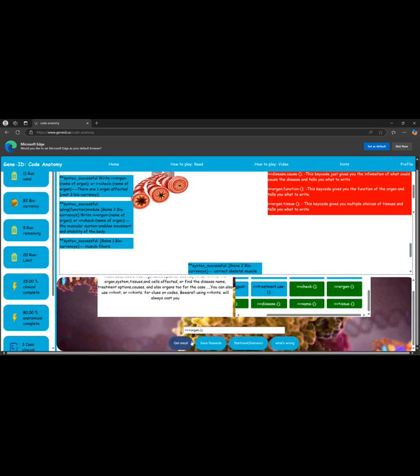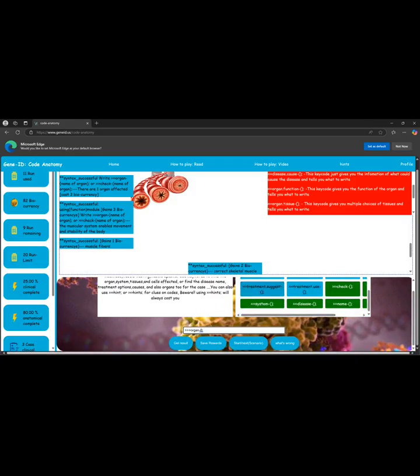Wait, I don't think the organ name is muscular system. But as you see, there's treatment and treatment use, and those are basically just more on the medical, the clinical side.